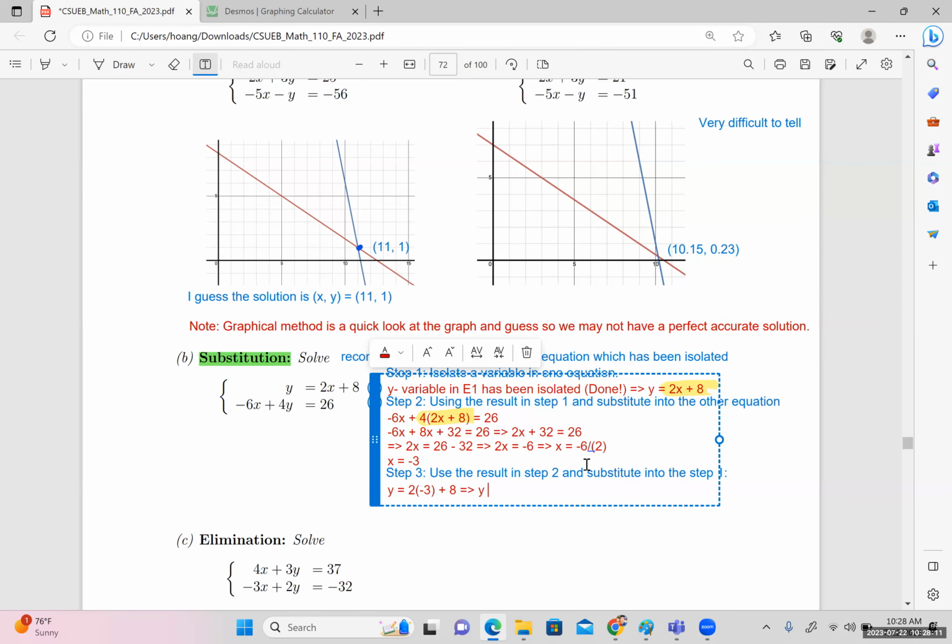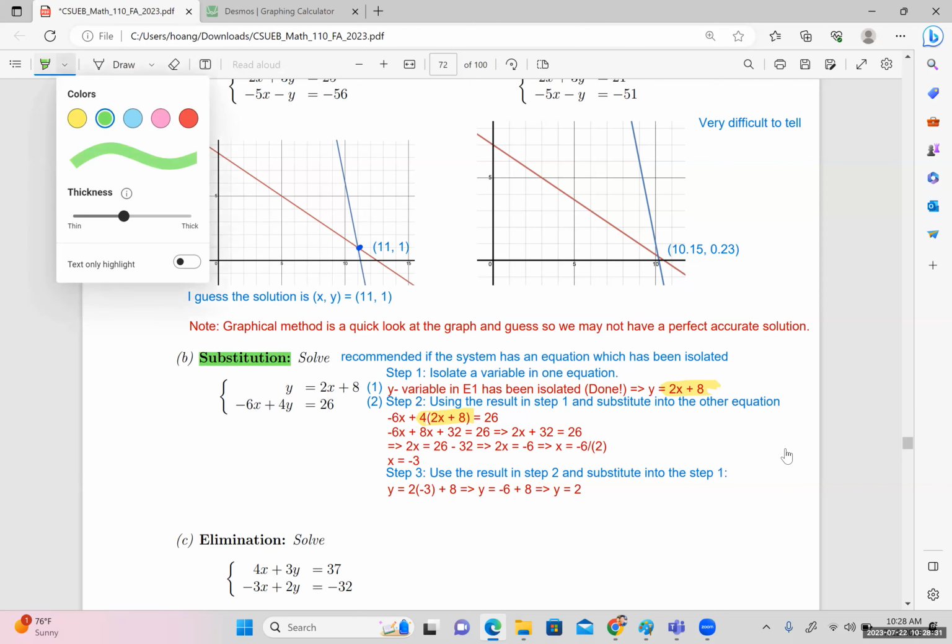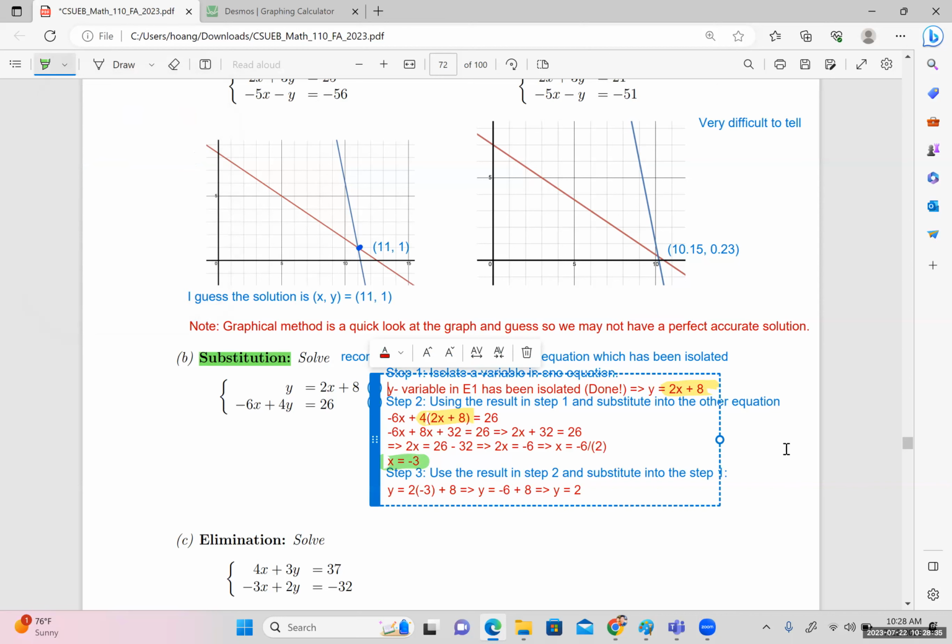So y will be equal to negative 6 plus 8, which means y will be equal to 2. Sorry, not negative 2, actually 2. So the solution needs to have two things: the value of x and the value of y.